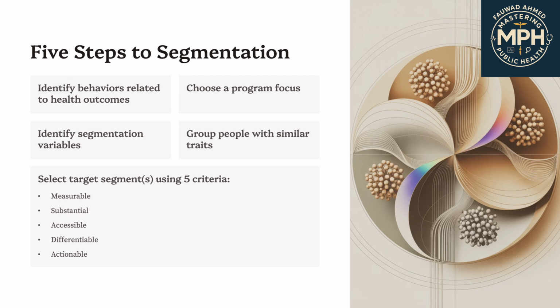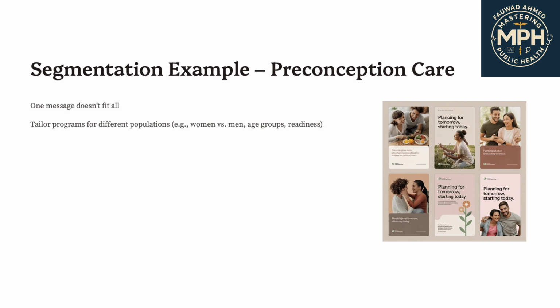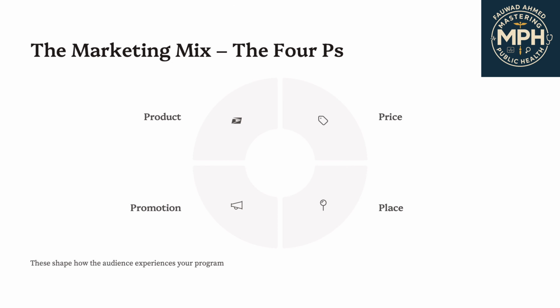Step 4. Group people with similar characteristics. Step 5. Choose which segment to prioritize. Use 5 criteria: measurable, substantial, accessible, differentiable, actionable. A good example is preconception care, where one program might target college age women with low awareness, while another targets first time fathers.